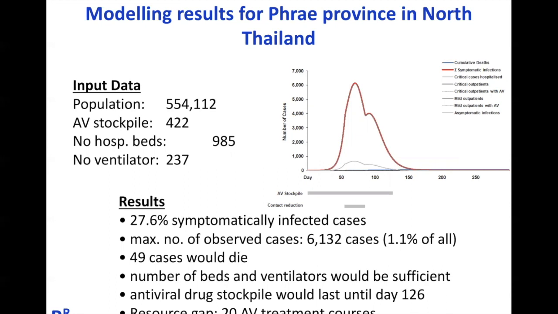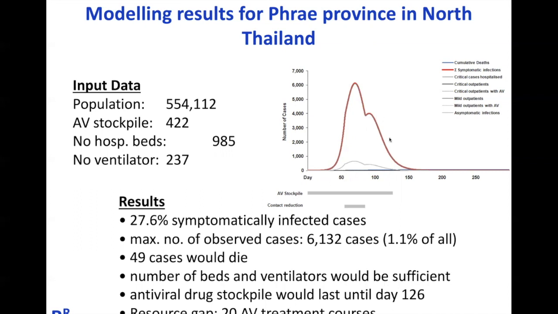So we could zoom in. Let's zoom into one province in northern Thailand, Phrae province. And here you see the size of the population, how well they were prepared, so like how many antivirals they had, how many hospital beds they had, how many ventilators they had. And here is the outcome of the model.